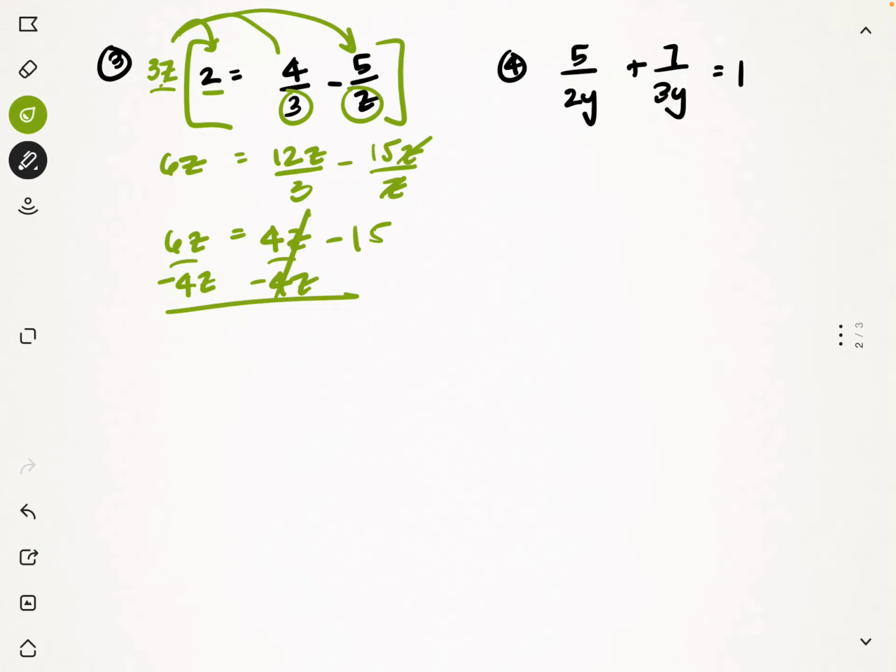So 4z minus 4z is 0. That's the whole point. And then 6z minus 4z is 2z. We still have our negative 15. And then our last step, we got to divide by 2. So z is going to be equal to negative 15 over 2. And we can leave it as an improper fraction.